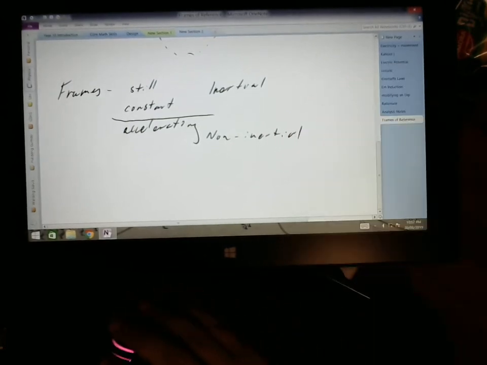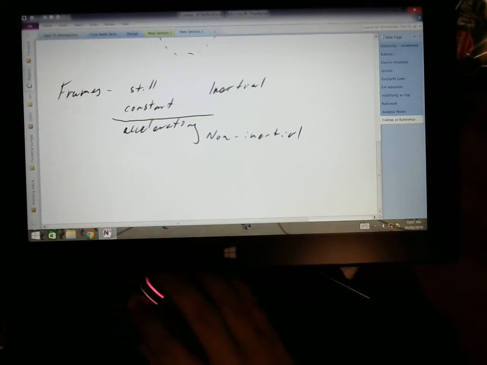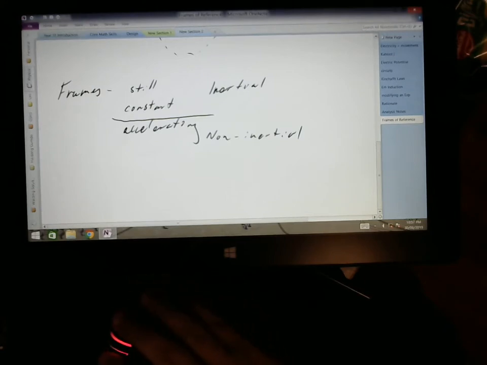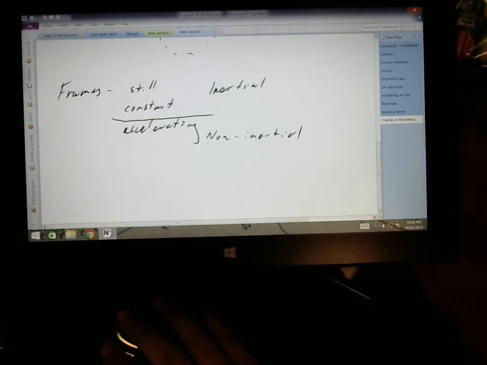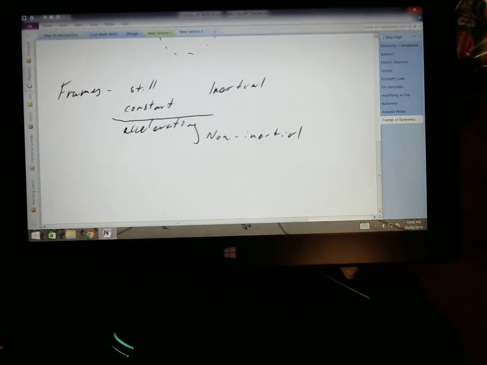So I'm going to do this live. I'm loading up a Google site right now, and I'm going to look up the word inertial. If we do a definition for inertial, it just gives us a definition in relation to those words.